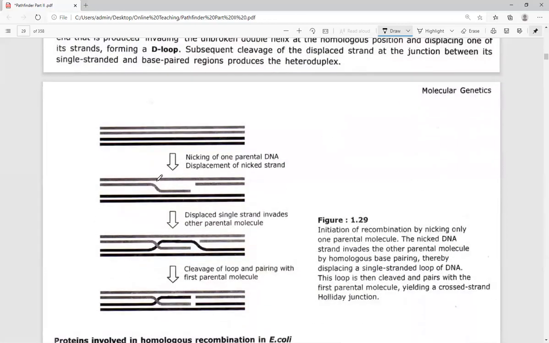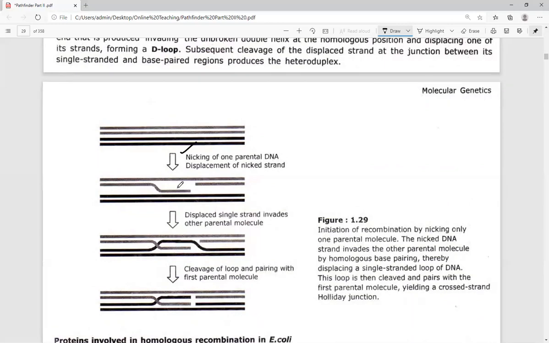Okay, the free end which is produced will invade the existing DNA molecule and will then cleave it. Nicking of one parental strand will cause the displacement of one parental strand. This displaced strand will displace the pre-existing pre-joined DNA strand.